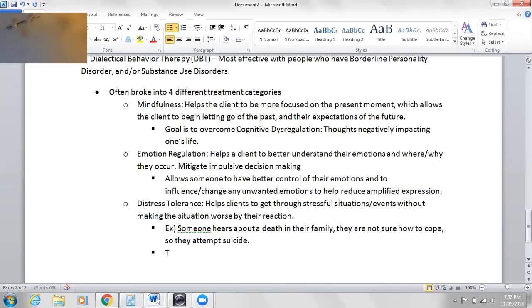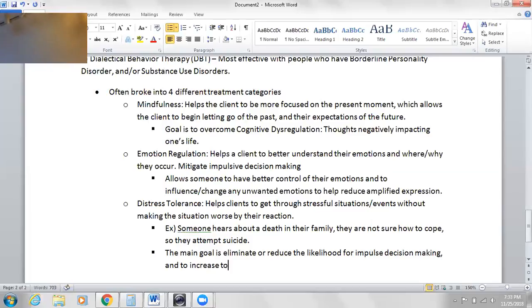And yeah, so the main goal is to eliminate or reduce the likelihood for impulsive decision making and to increase the client's ability to cope with life events.